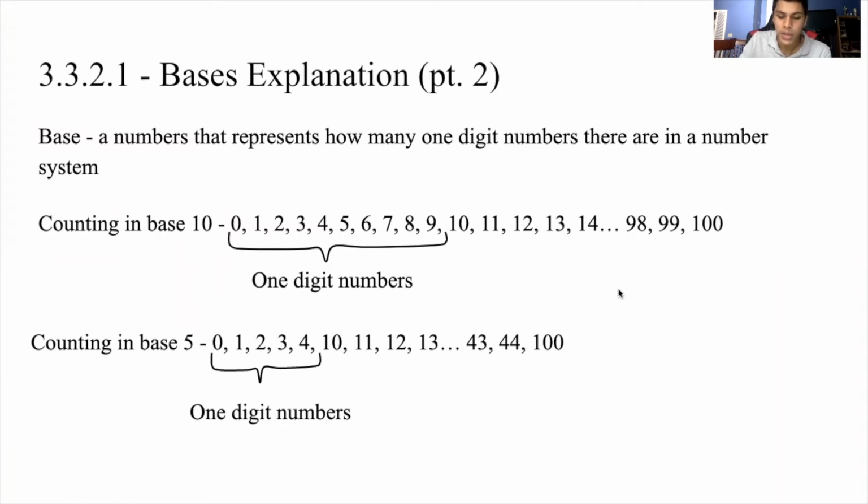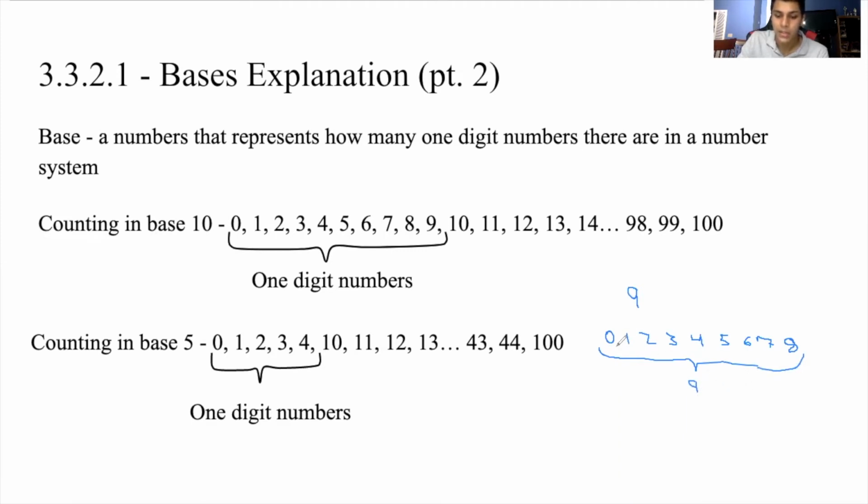So if we were in base 9, for example, then the one-digit numbers that we'd have would be 0, 1, 2, 3, and 4. That's the first 5 of them. Then we'd also have 5, 6, 7, and 8. But we wouldn't have the number 9 in base 9 because we already have 9 one-digit numbers total. And that's what changes from base to base.